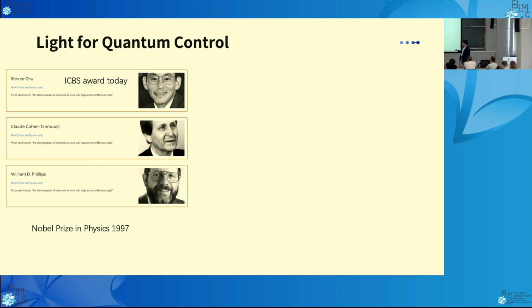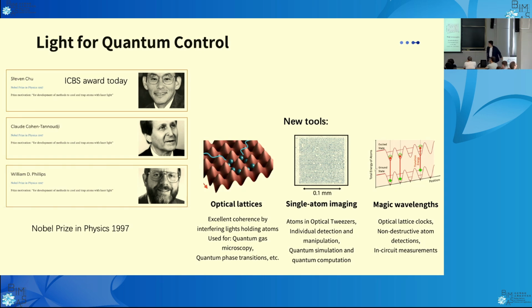So this was the Nobel Prize in 1997, and I was lucky enough to have kind of a co-advisor in my PhD, Bill Phillips, that what they've done is that they've demonstrated laser cooling of neutral atoms to very cold temperatures, which enabled later Bose-Einstein condensates, and using optical lattices to control atoms.